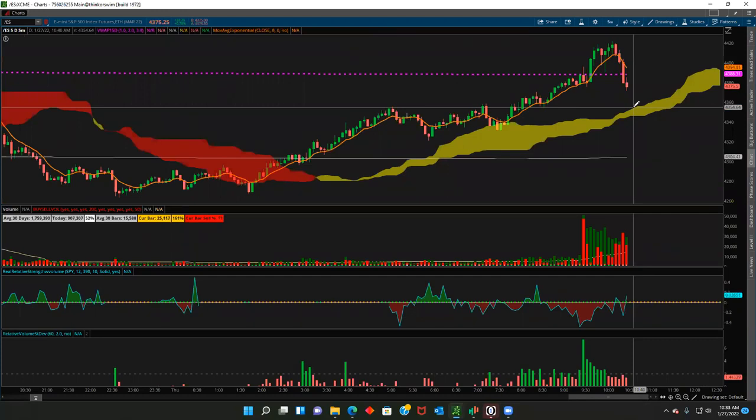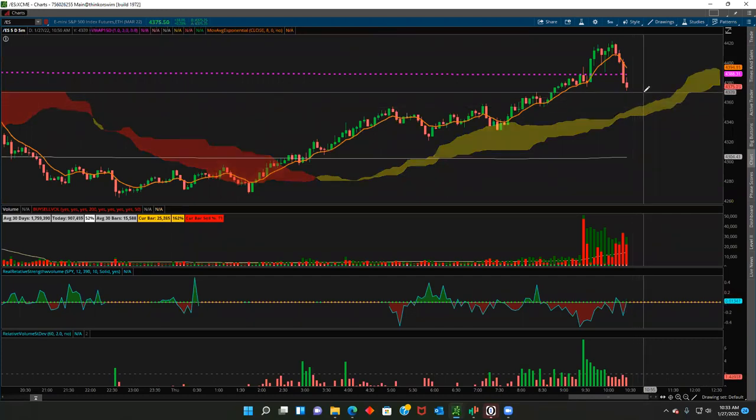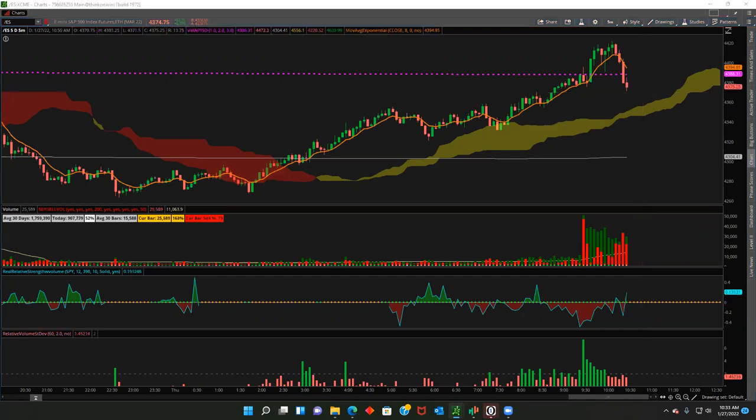Well, I don't want to hold it that long, so I'm going to look for a scalp to this level at 43.70. So I'm going to put in an order to close it at 43.70. Okay, boom. And now I wait.